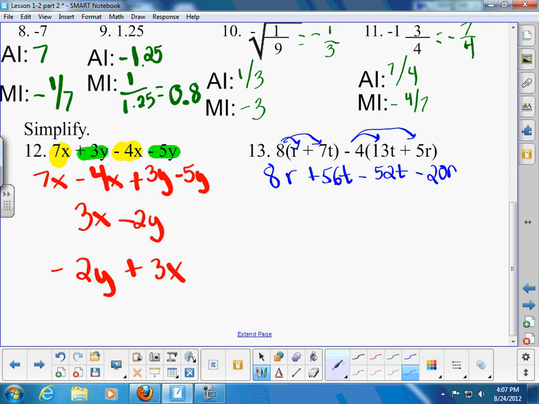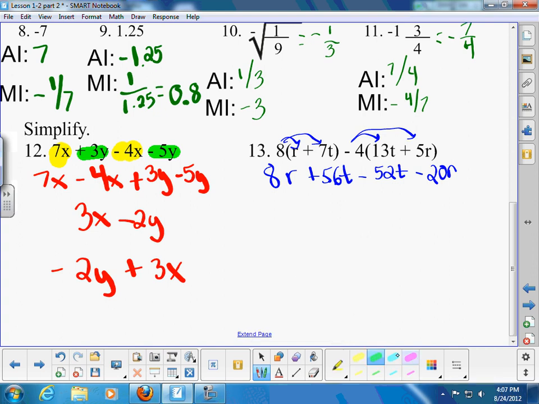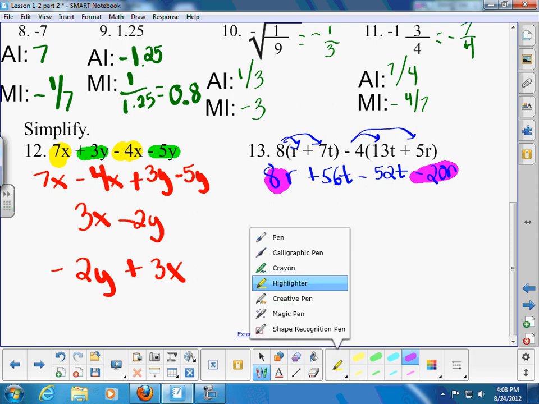Again, I would like to highlight my like terms. This is a very good habit to get into. The r's. Oh, sorry. Highlighted the wrong thing. Let me change that. There's the r. Those are like terms. And the two non-highlighted terms are also like terms.